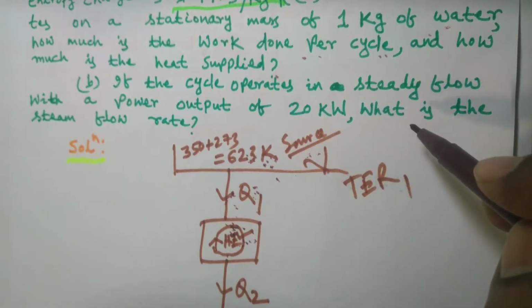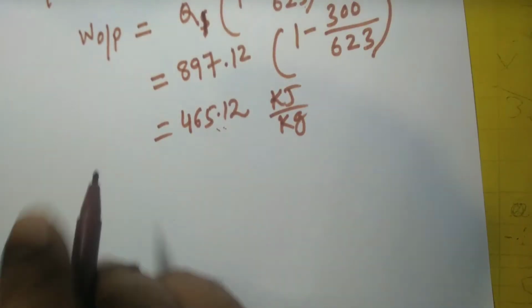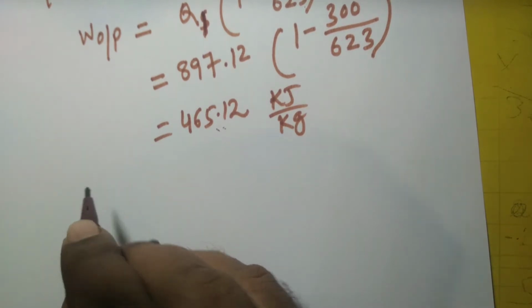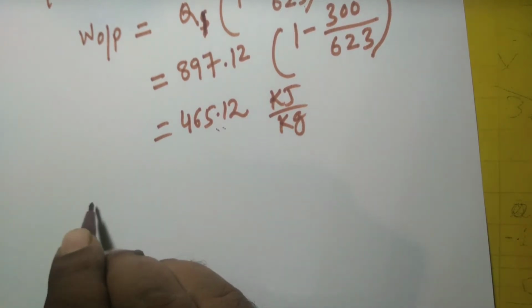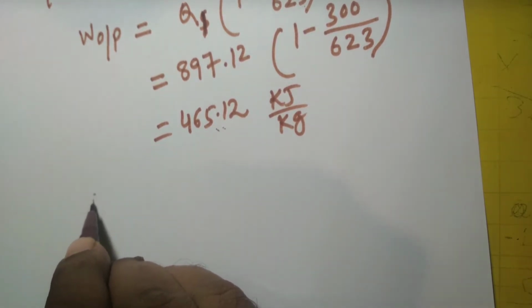And the next bit is, if the cycle operates in steady flow with a power output of 20 kilowatt, what is the steam flow rate? If this steady flow device works in steady flow manner, then what will be the mass flow rate of steam?